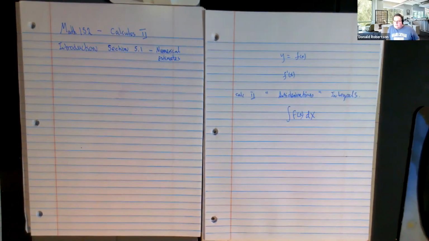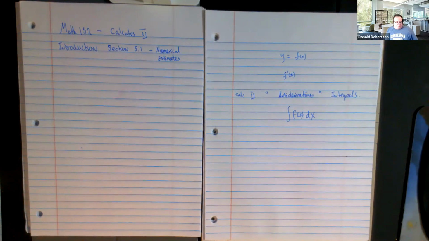And we will find, just like we did in Calc 1, methods, tricks that'll allow us to do that. So we will use power rule. We'll end up using things called U-subs, integration by parts, a whole load of techniques.